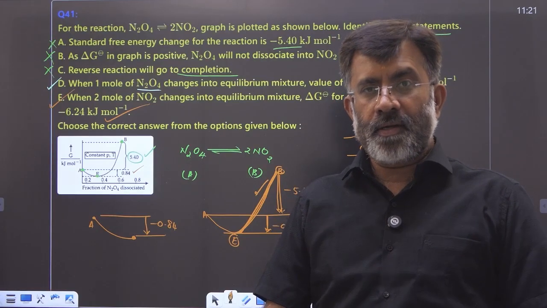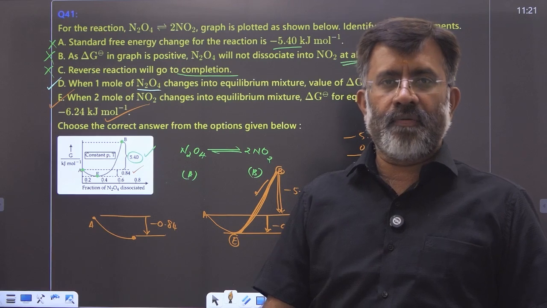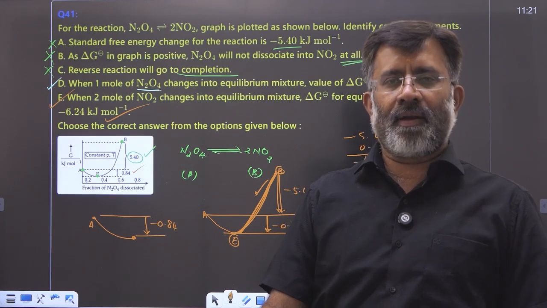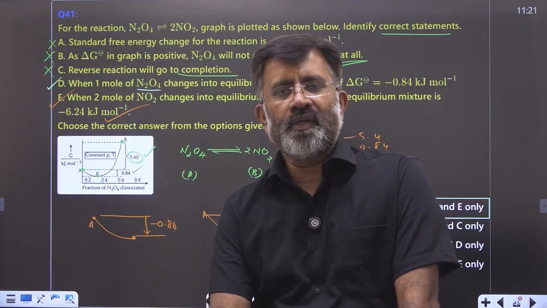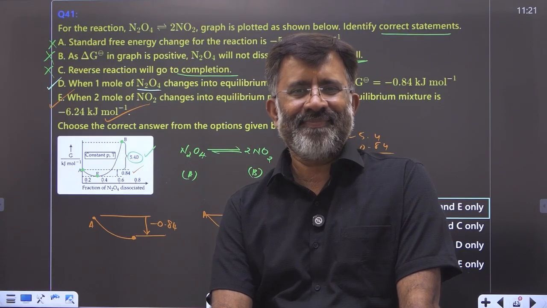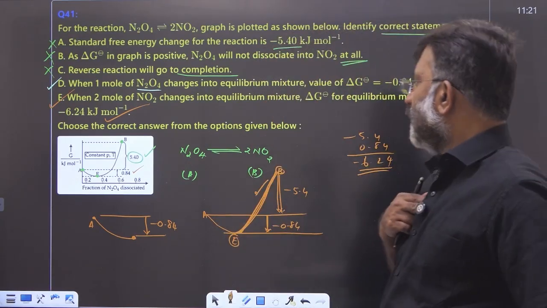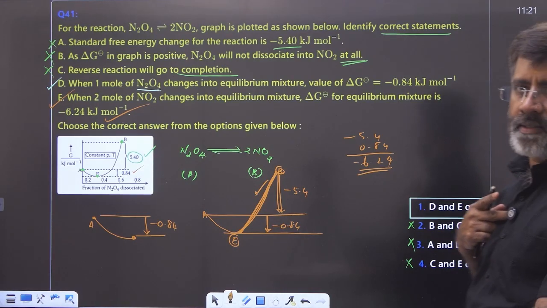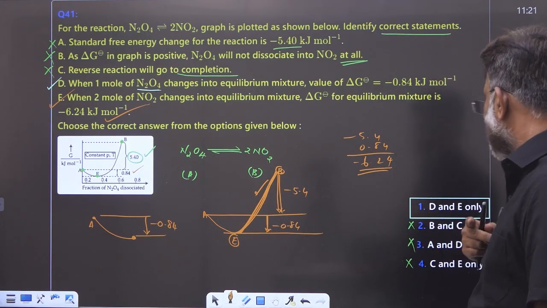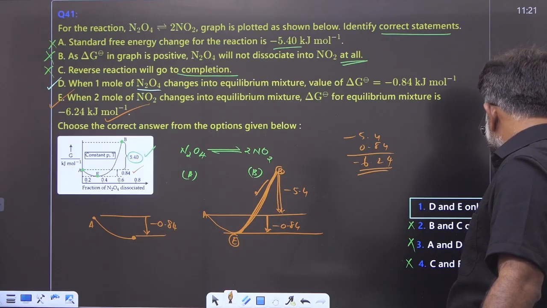Of course, qualitatively and quantitatively, the question carries the important aspects of spontaneity of a reaction versus equilibrium. I hope it is clear. Only options D and E are correct. Okay, fine.